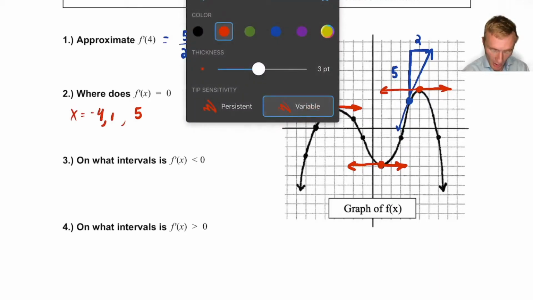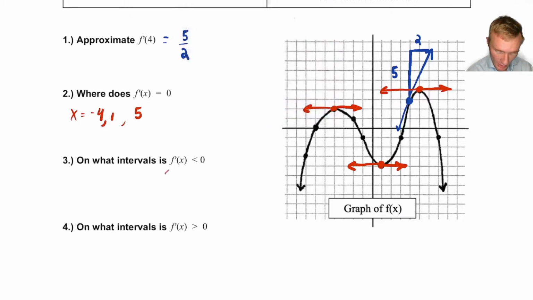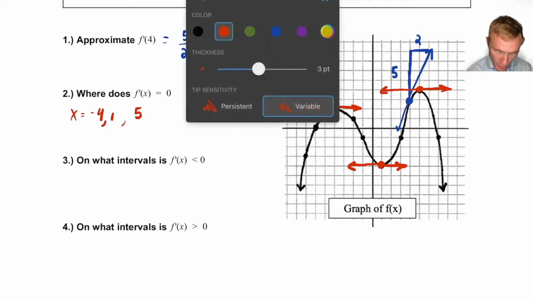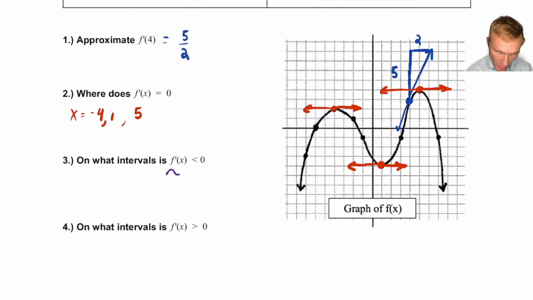First, let's talk about when the derivative is less than 0. If I talk about the derivative being less than 0, I'm talking about when this graph of f of x is going down. So if I draw tangent line slopes all the way on these intervals here that I'm going to shade in purple, my tangent line slopes are negative.